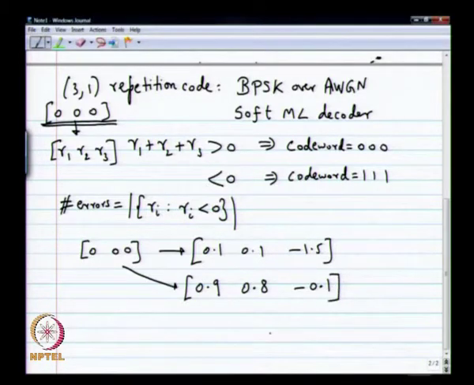Now both these guys from an error correcting capability point of view are thought of as being the same. You do not see a difference between these two guys, but this one is much more probable than this guy. So this is more probable than the previous one.